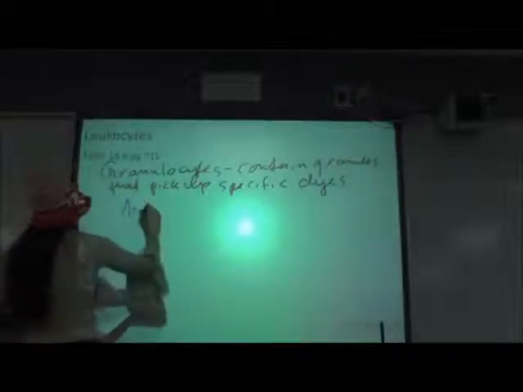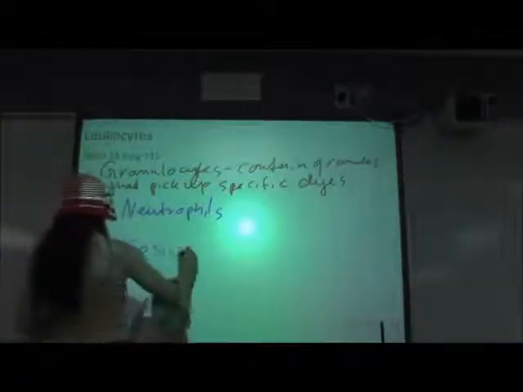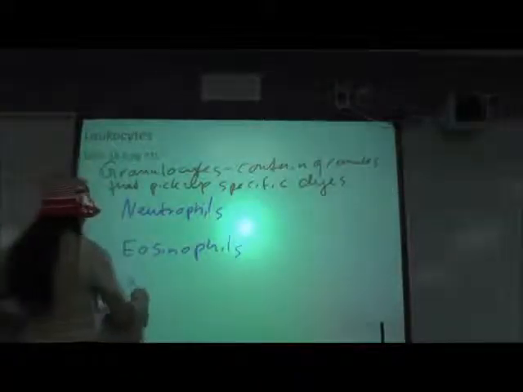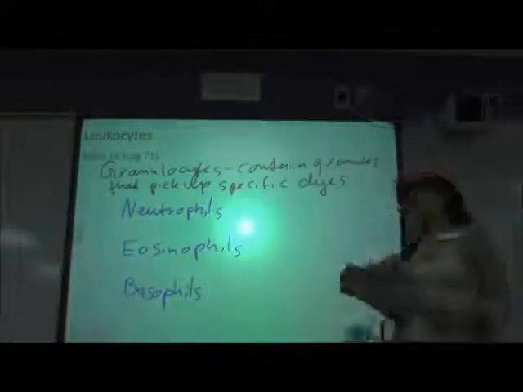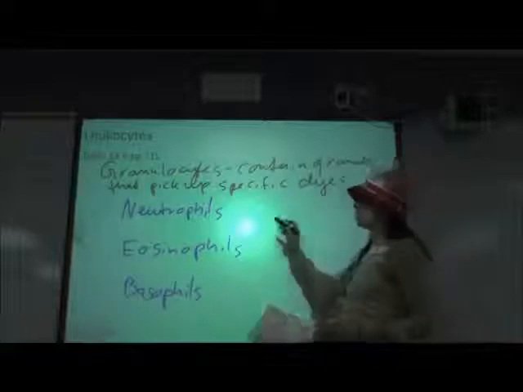And the types of cells that are granulocytes are called neutrophils, eosinophils, and basophils. Neutrophils' biggest job is to be phagocytic for bacteria.